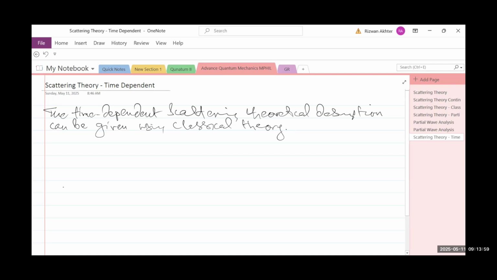So let's say we consider a classical description of scattering theory. Again, in the same way as we did in the time independent part, we started with the classical description and then we switched to the quantum description.